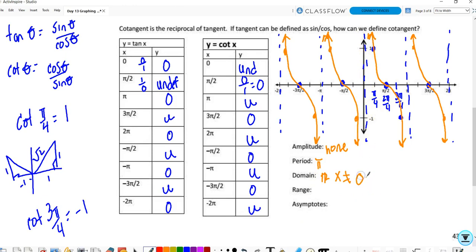So it can't be 0 plus another pi k, where k is an integer. And then that means the asymptote is x equals 0 plus pi k. K is an integer. And the range is all real numbers because we go down forever and up forever.